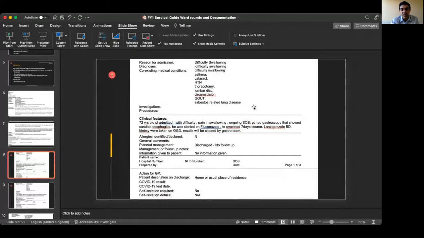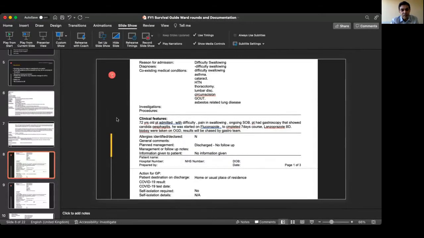It doesn't specify what type of lung disease. The investigation section, where you'd usually include any blood tests or scans, is left empty. Procedures section, again, is left empty. Maybe this patient didn't have any procedures done, but if empty, I would write nil personally.